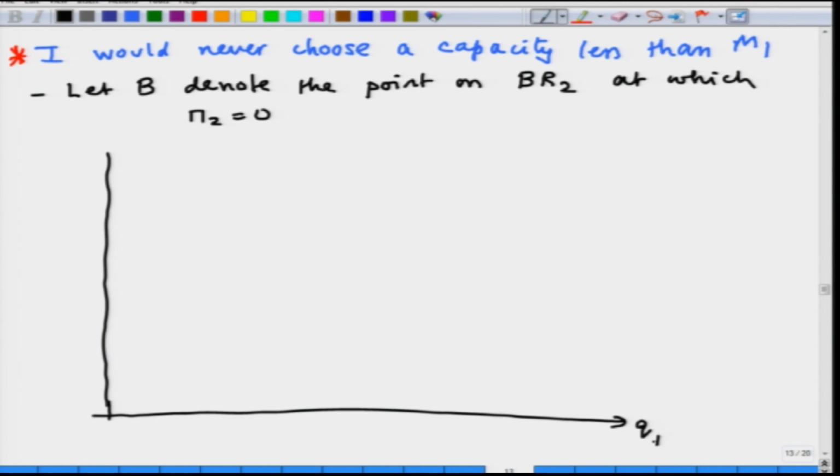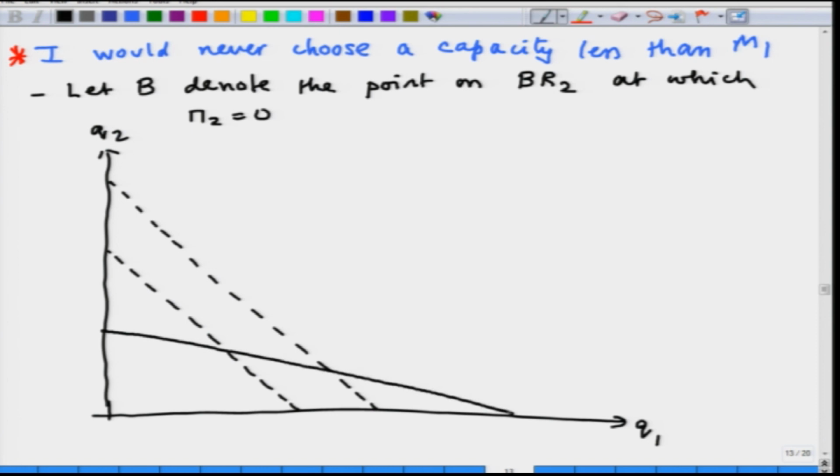So, we have Q1, we have Q2, and we have firm 2's best response curve BR2. So, this is T, this is V. Let us say B is a point like BL.